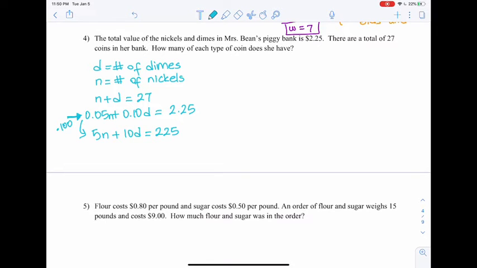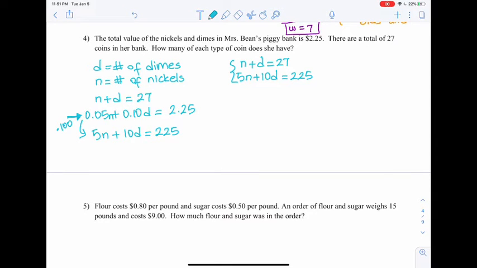And now we can create our system. Let's rewrite our system with both equations. The first equation was N plus D is equal to 27, and our second equation is 5N plus 10D is equal to 225. You can use any method you want here, but I'm going to use substitution again, since the coefficients of N and D are 1.